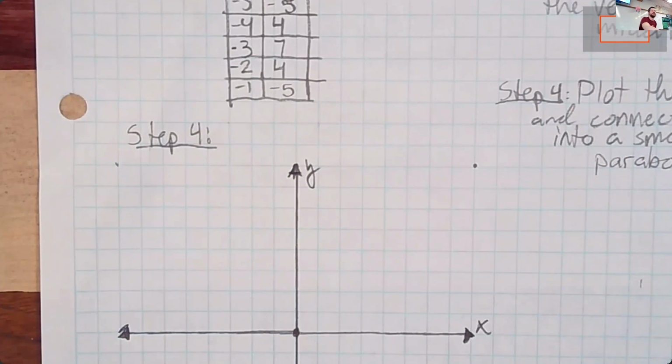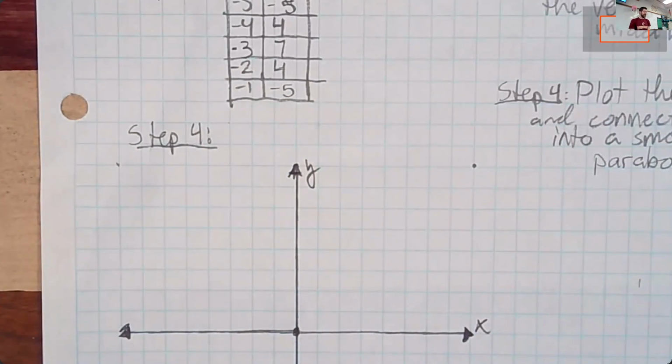All right, go ahead and get that ready. And then, does anybody remember what is the first thing that we do when we actually put this on the graph? What do we have to do first?